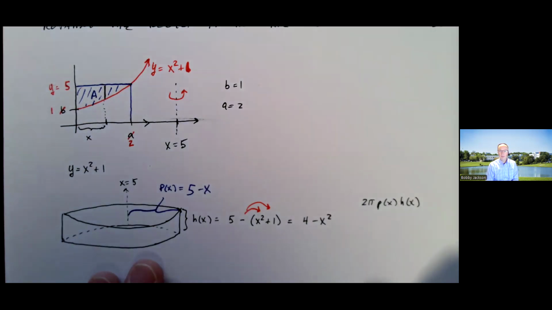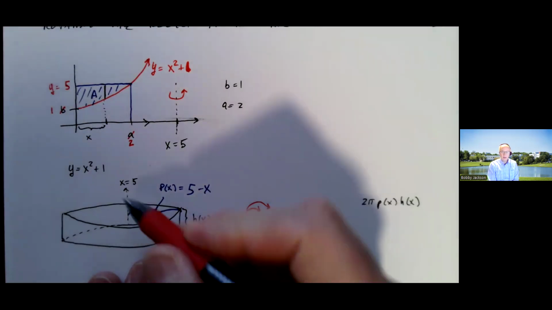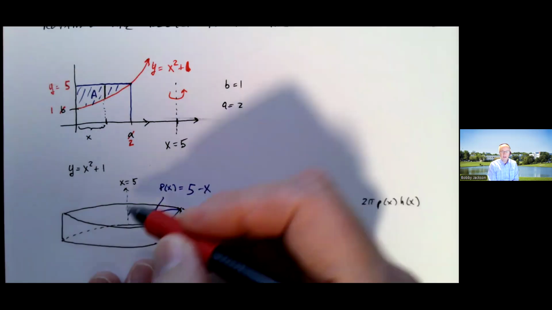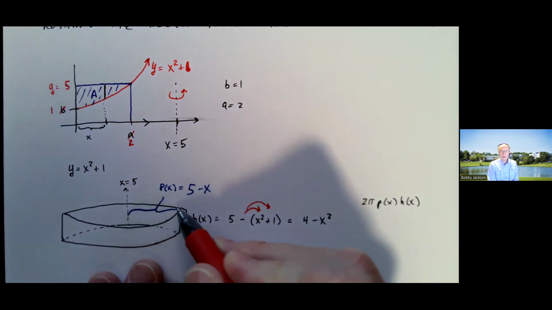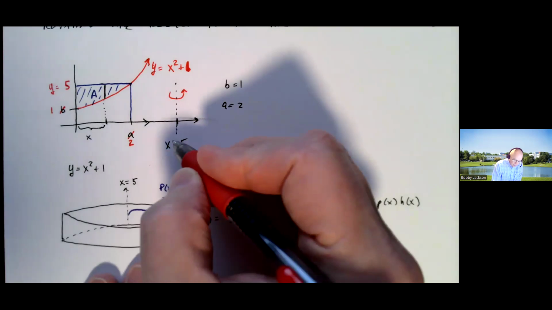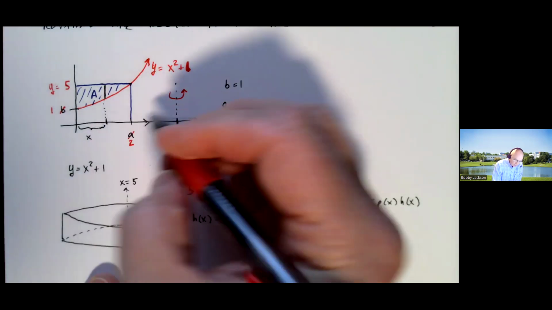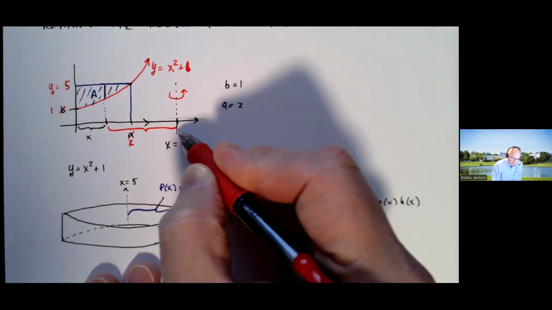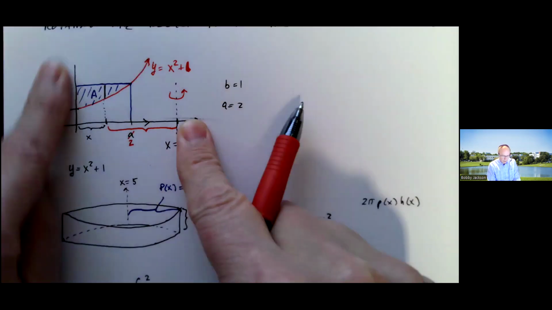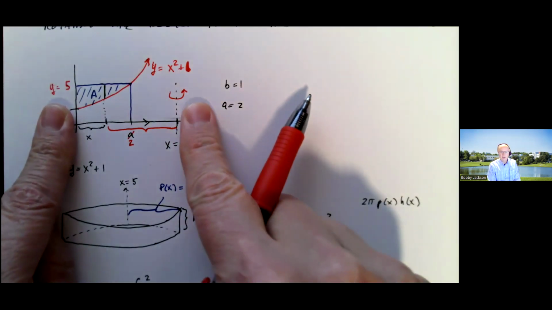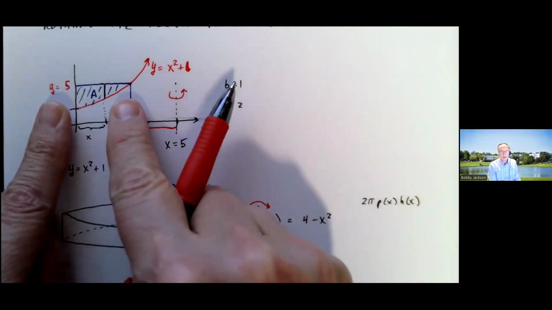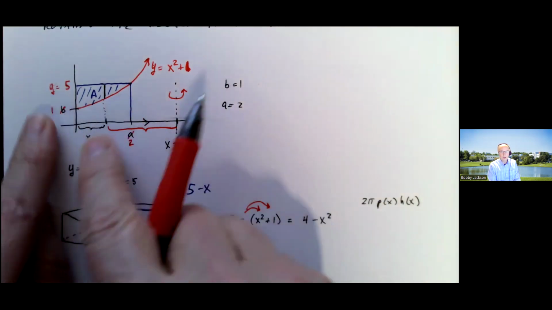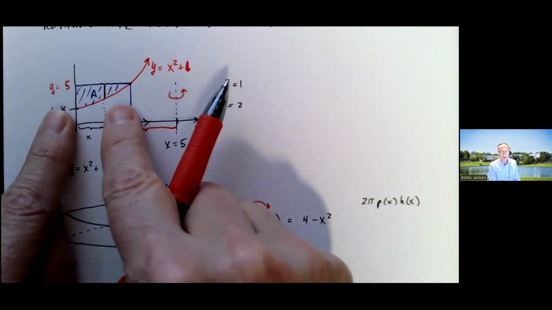Now the radius: this is x equal 5, our axis of rotation. The radius is this distance here from this rectangle all the way to x equal 5. Well, the total distance from the y-axis to here is 5 units. This is x equal 5. This is x, and we're integrating from 0 to 2 for x.